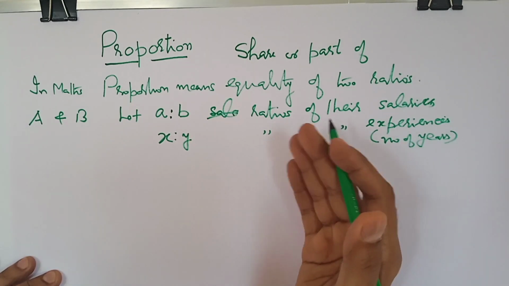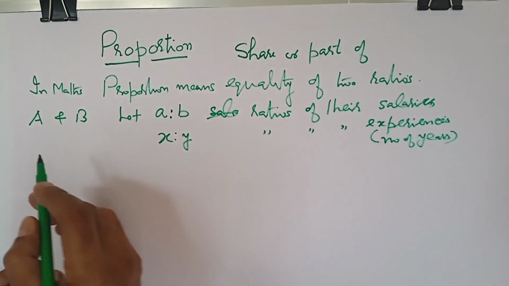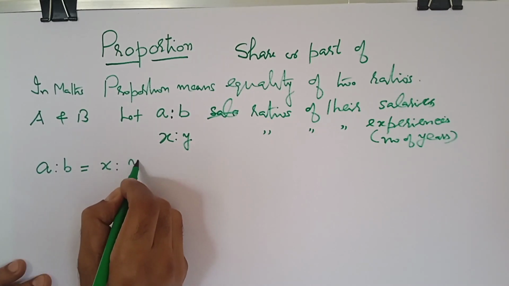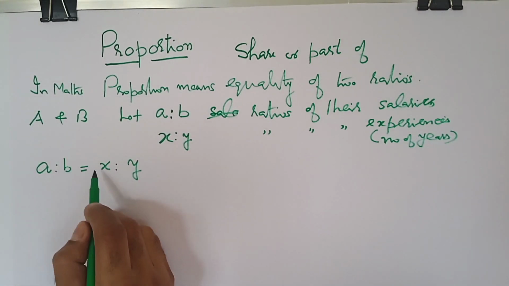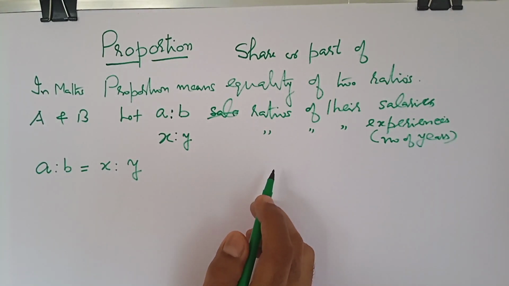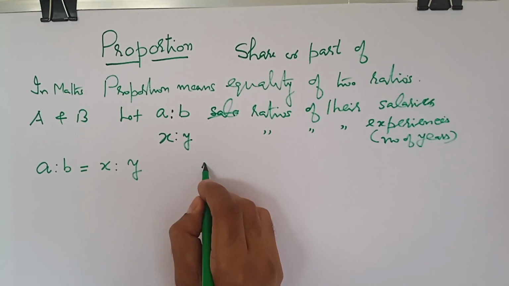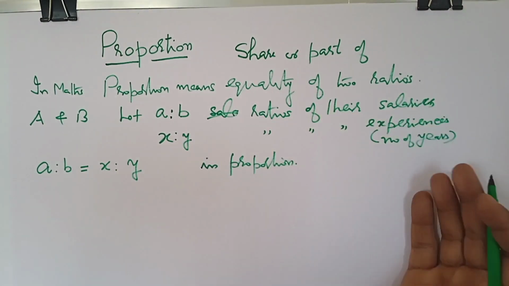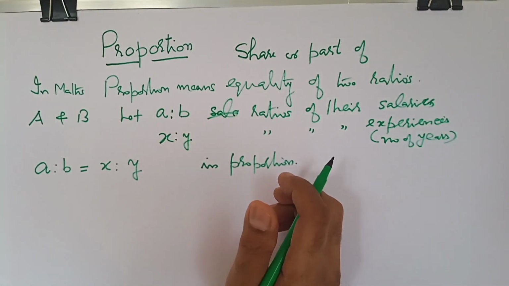In case these two ratios happen to be equal, then as you can see there are four quantities here, A, B, X, Y. These four quantities are said to be in proportion. So given two ratios, they may or may not be equal.